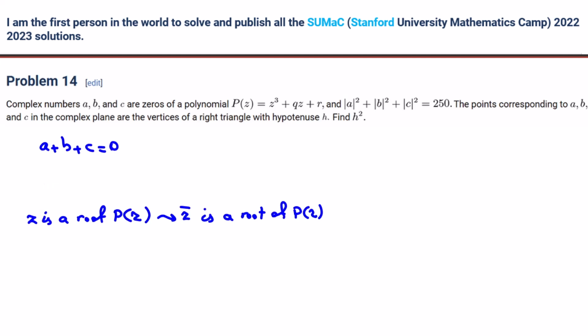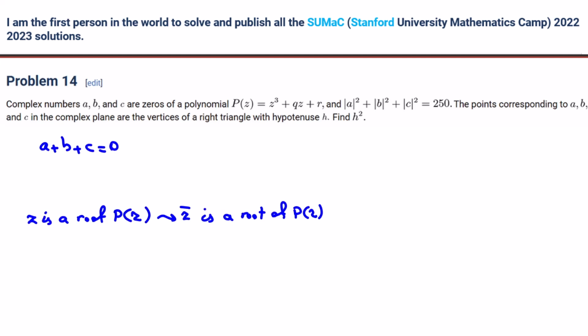I thought that's only if the coefficients are real. Here coefficients are not real. But they might not, I think. Maybe not. A, B, C are zeros of a polynomial. Yes, sorry.